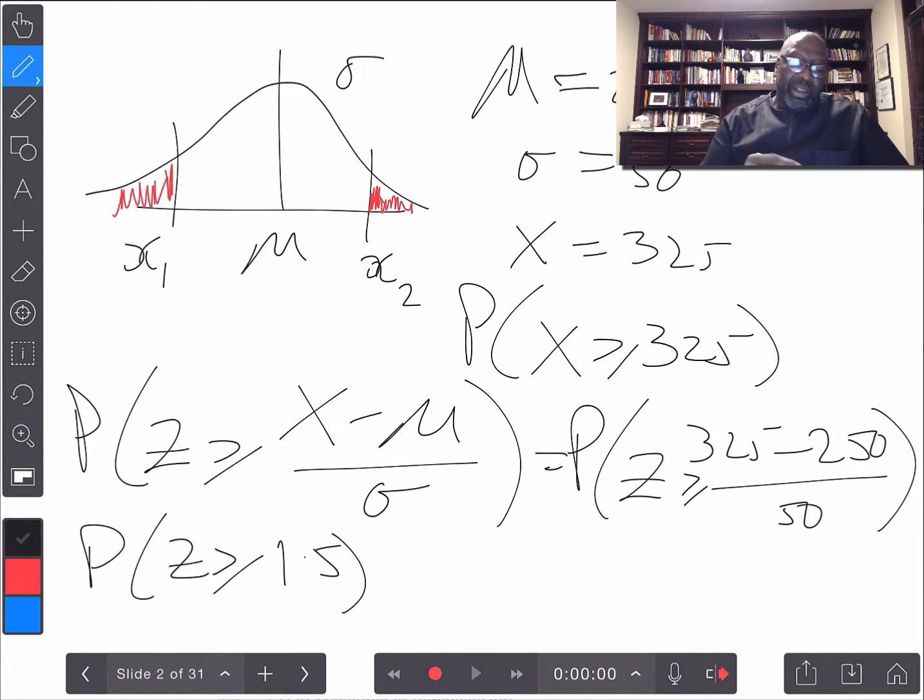So now, instead of just taking a single value, or asking what's the probability of observing a value of the random variable greater than or equal to 325, we are interested in taking a sample. And why would we take a sample? Because that sample is supposed to estimate for us values in the population.